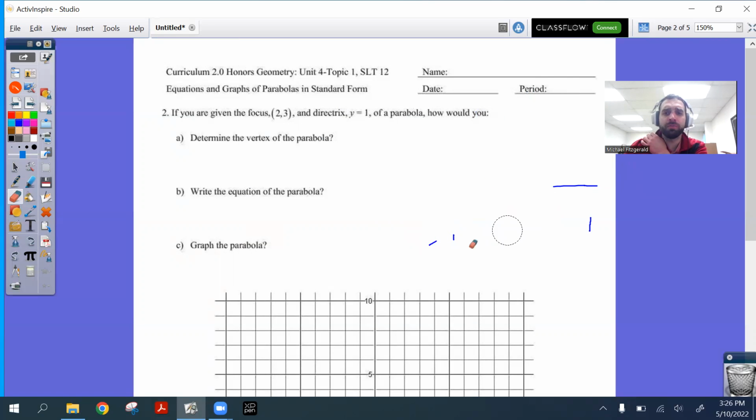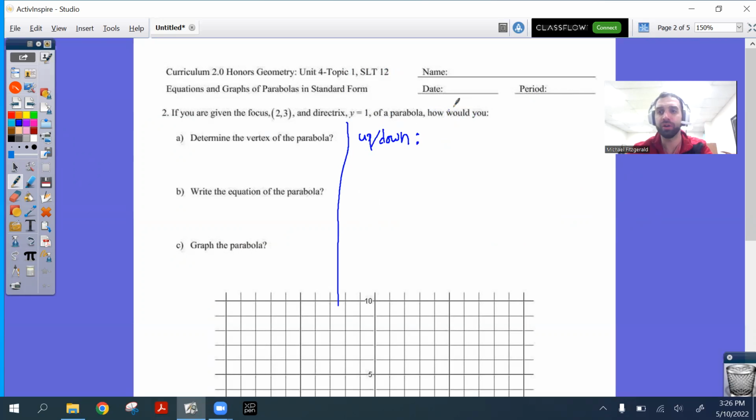So there are 2 sets of equations for parabolas, and I'm going to go over them again briefly before we get into this example. If it opens up or down, excuse me, because there's only one of them, right? It's not a hyperbola that has 2 curves. A parabola is 1 curve.